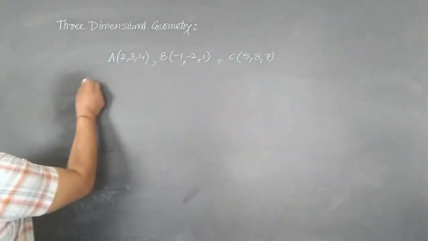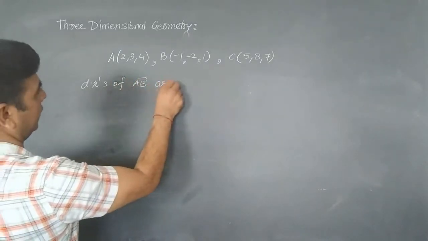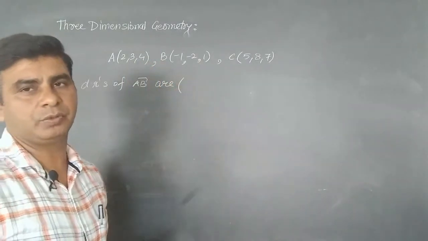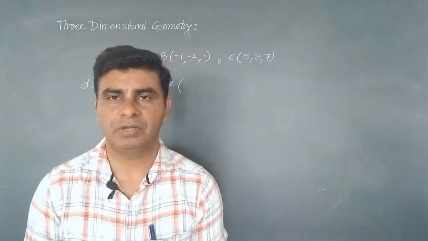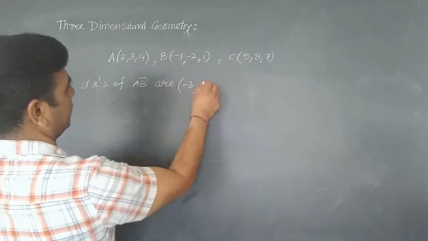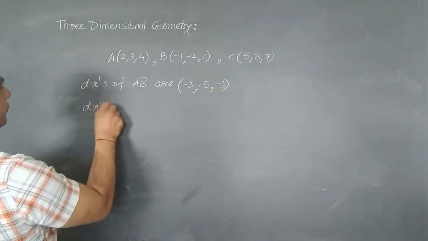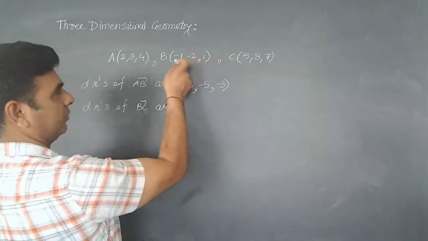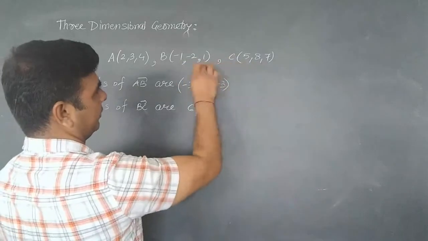The direction ratios of AB are given by x2 minus x1, y2 minus y1 and z2 minus z1, which gives -1 minus 2 is -3, -2 minus 3 is -5, 1 minus 4 is -3. The direction ratios of BC are 5 plus 1 is 6, 8 plus 2 is 10, and 7 minus 1 is 6.